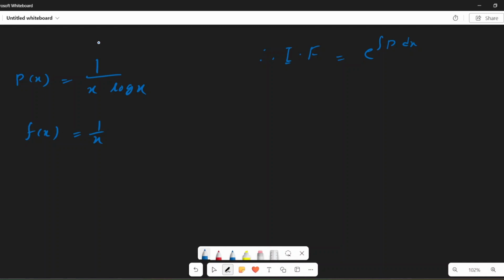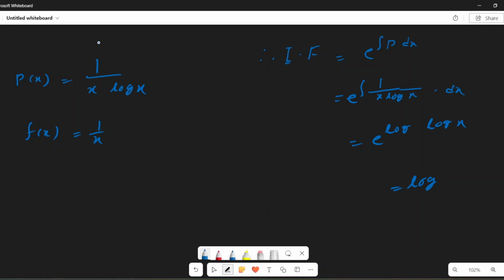To find the integration of p dx, it is e to the power integration of, what is the value of p, 1 by x log x dx. So that means e to the power log of log x, which is log x. So our integrating factor is log x.